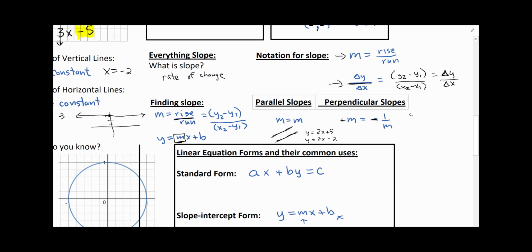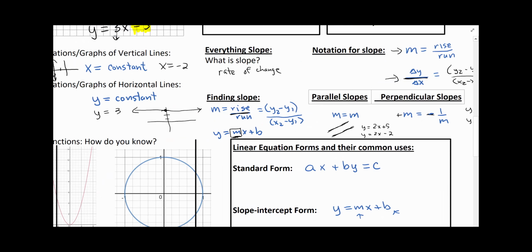So for example, if you had y is equal to 2x plus 5, a perpendicular slope would be y is equal to negative 1/2. Notice 2 is positive, 1/2 is negative, and 1/2 is the reciprocal of 2. So if you were to graph these two lines, they would be perpendicular to each other. All right, let's keep going.